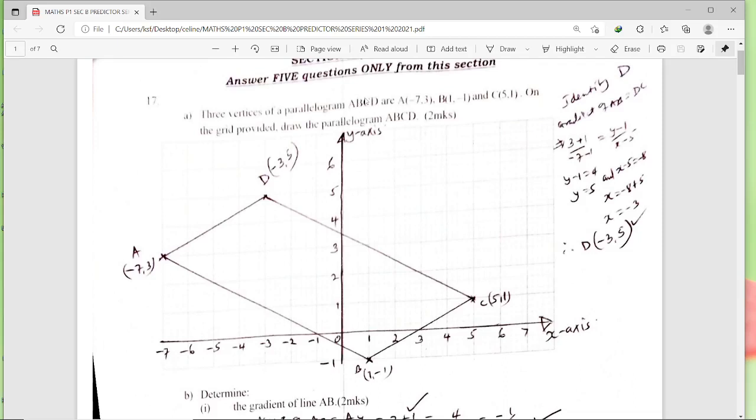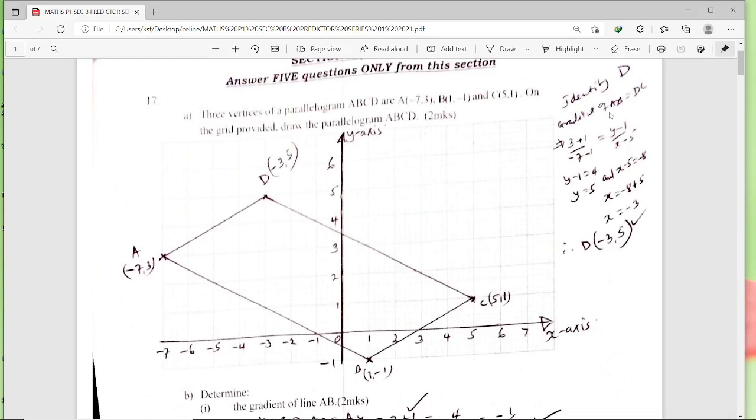AB will be parallel to CD. That means that if they are parallel, the gradient of AB will be equal to the gradient of CD. That is how I identify D: the gradient of AB equals the gradient of DC.